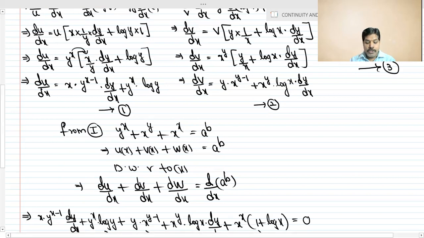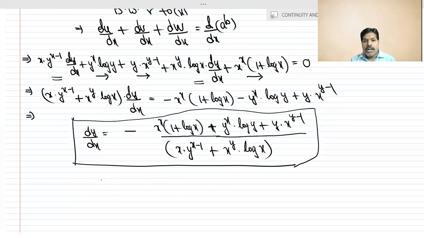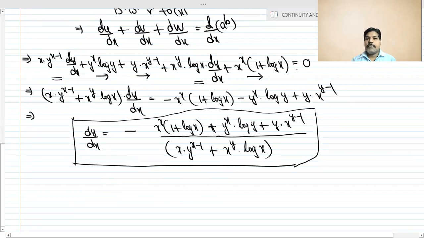Then du by dx plus dv by dx plus dw by dx is equal to the derivative of a power b. du by dx you can take from equation number 1, dv by dx from equation number 2, and dw by dx from equation 3. Take all the dy by dx terms to one side and all the remaining terms to the other side. Then take the dy by dx value, okay, students. So see that question and practice it. Very important one. It has been given a number of times.